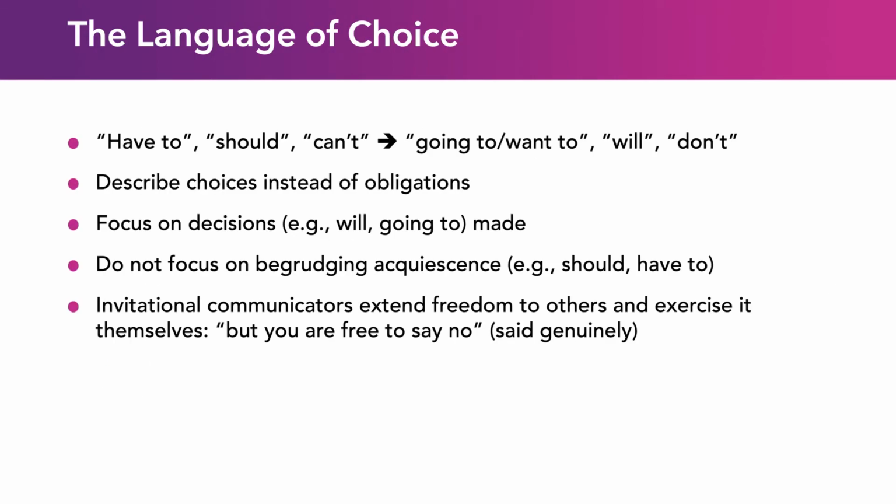The last section under the language of responsibility is very interesting. It's also, I think, maybe the most challenging to understand and to actually put into place. The language of choice. In our speaking and in our thinking, we use a lot of "have to" and "should" and "can't."